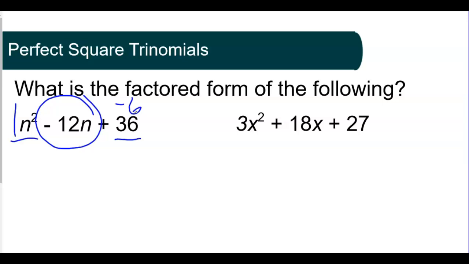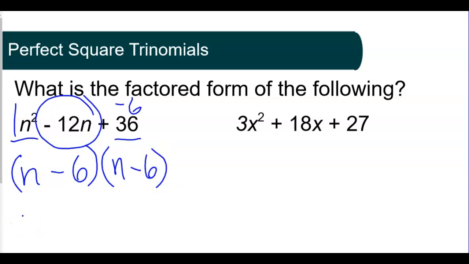So 2 times 1 times negative 6, I get negative 12. So my perfect square trinomial, when I factor this, is going to be n minus 6 times n minus 6, or n minus 6 squared.